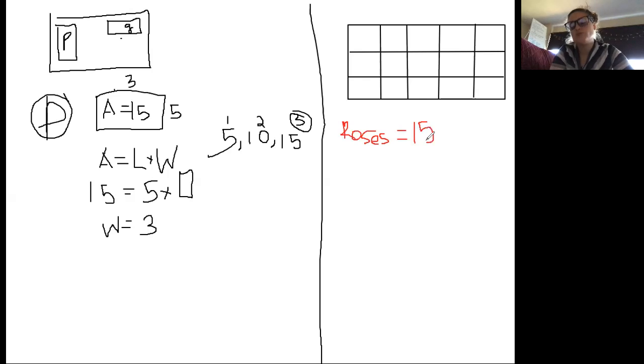Now let's see if I'm doing this. I kind of want this middle row right here to be roses. So I would have colored these in. Now this would be a trial and error.